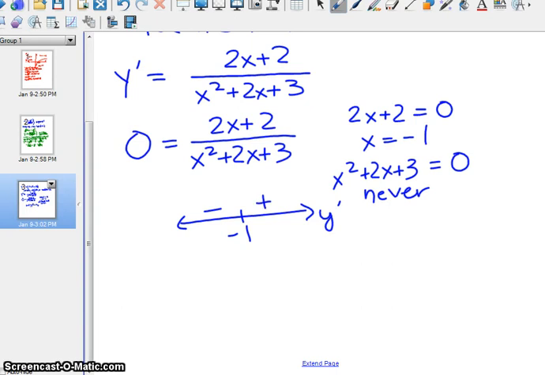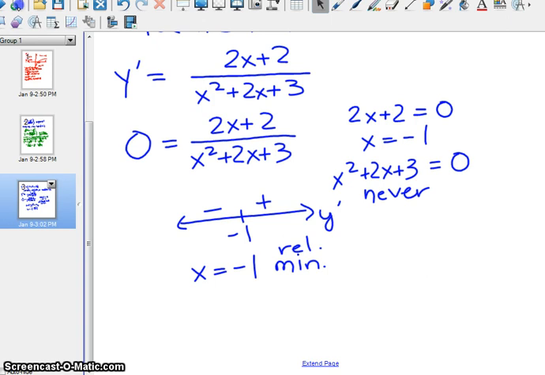So that means my graph is decreasing, then increasing. So x equals -1 is a relative minimum. We could look at the graph if we wanted to and make sure that it works.